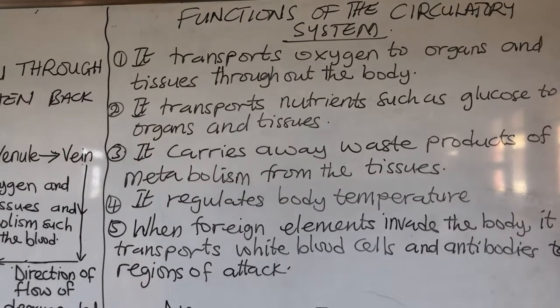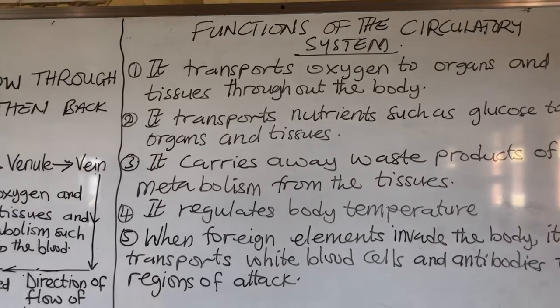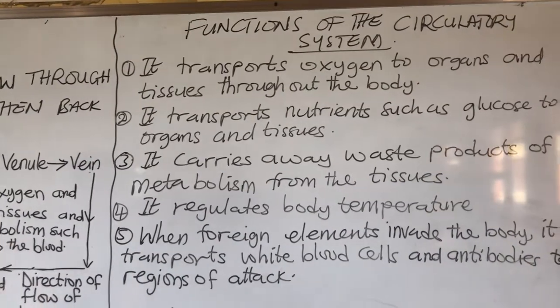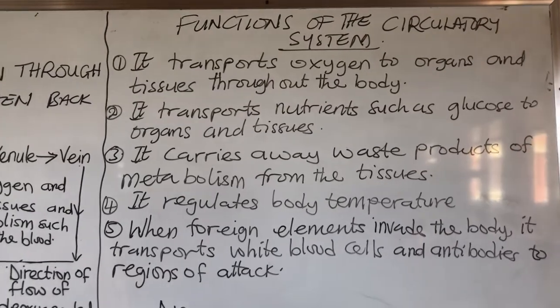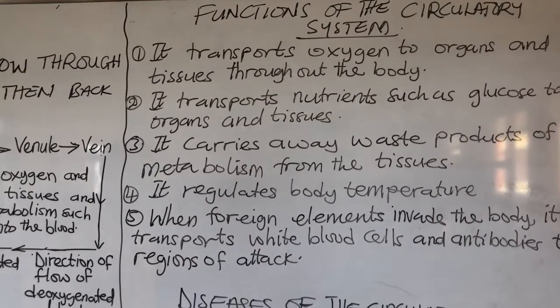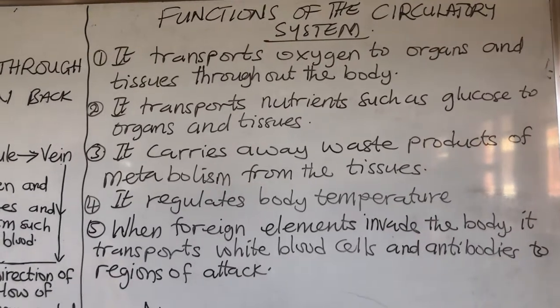Another function is that it transports nutrients such as glucose to organs and tissues. So you can see that before the organs and tissues can be active or can function, they need these nutrients or these substances.